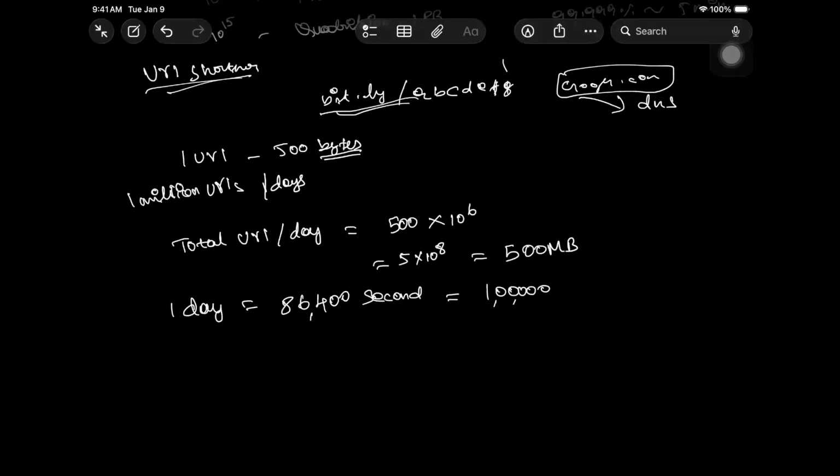So request per second would be 500 MB data per second. Or first we'll say request per second.